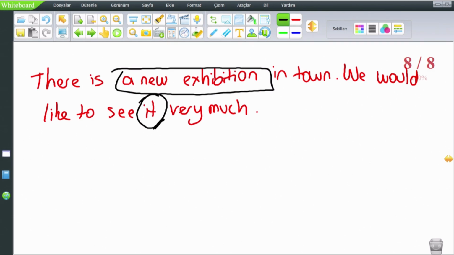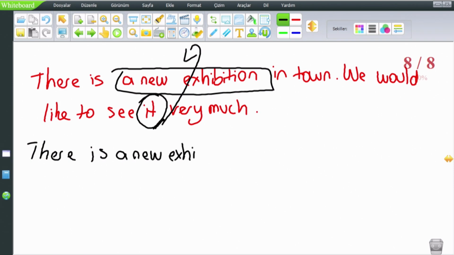In the second sentence, it refers to the new exhibition. So what I'm going to do here is I will start writing down my first sentence as it is. There's a new exhibition.